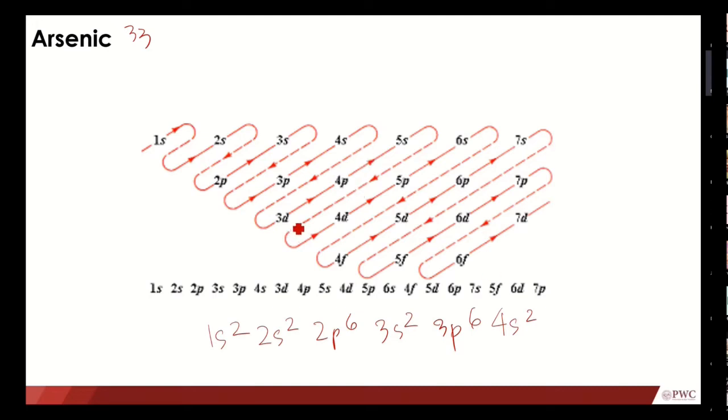What's next? 3d10. Okay, let's check muna baka sobra na. 2, 4, 10, 12, 18, 20, 30. Pila pang kulang? 3. Okay, 3 pa. 3, sir.